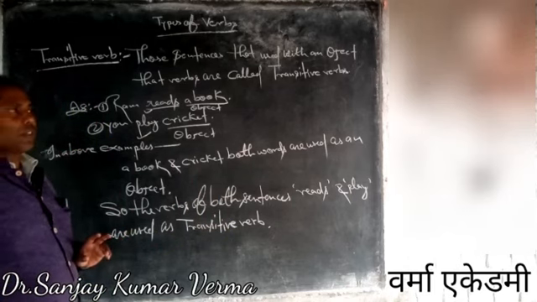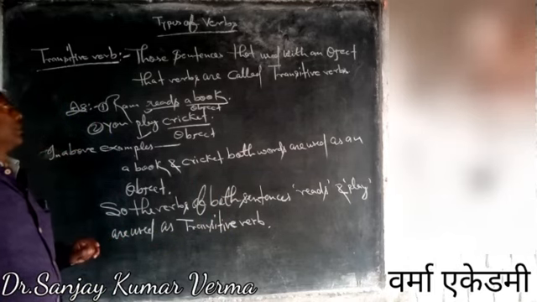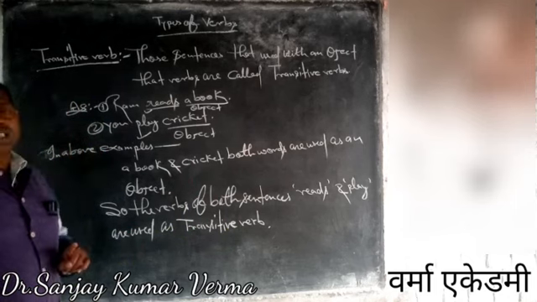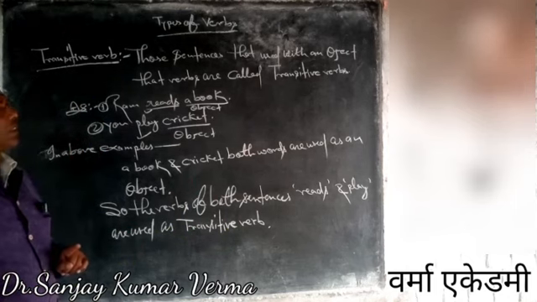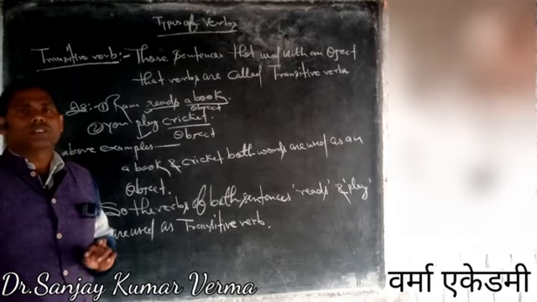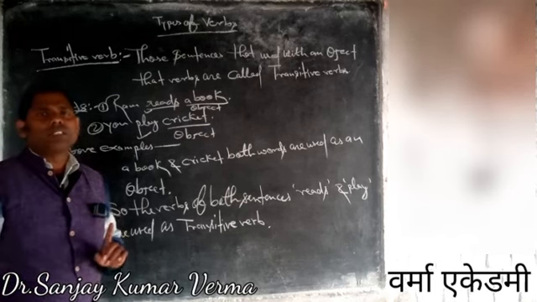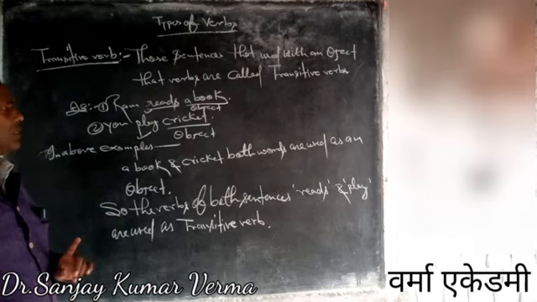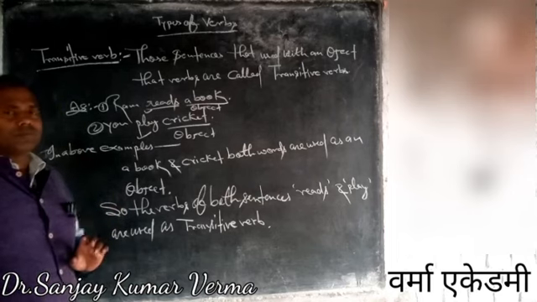Once again, try to understand. The sentence that is used with an object, that word will always be called transitive verb.